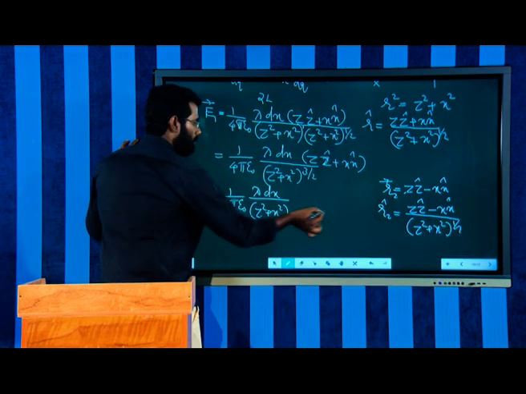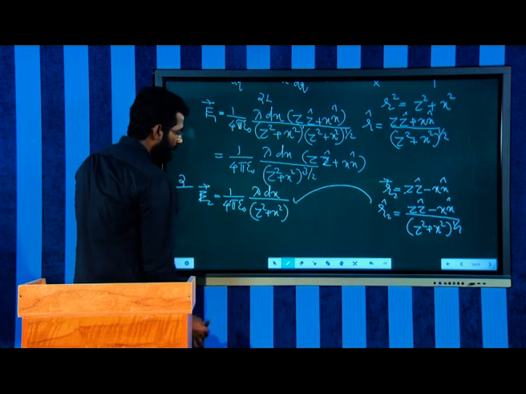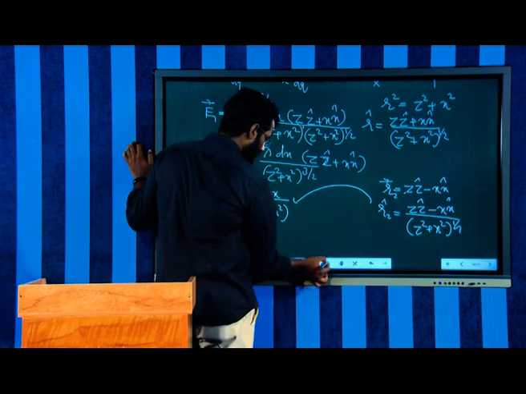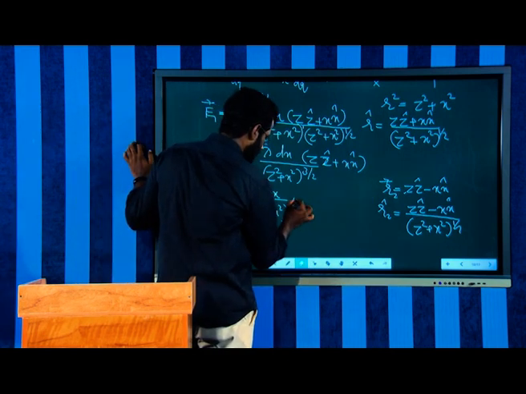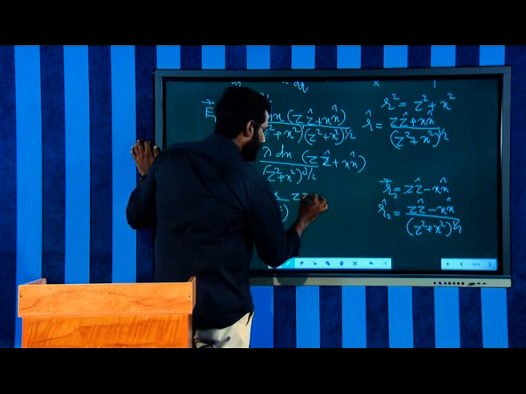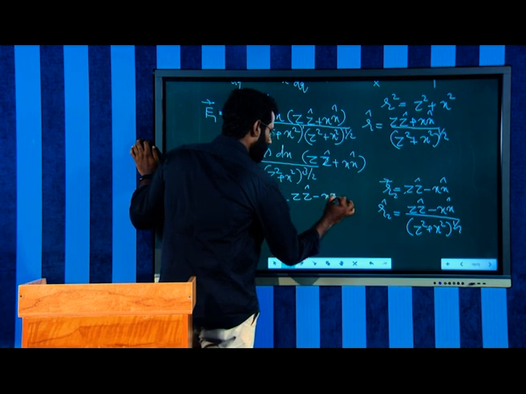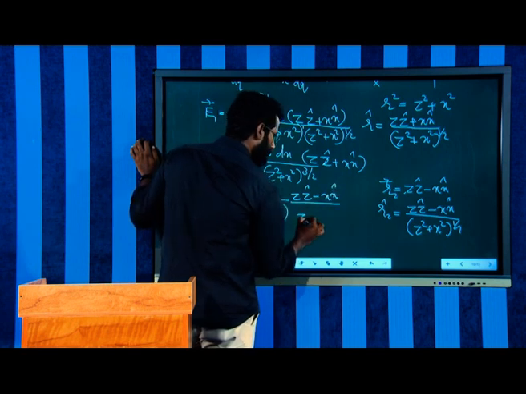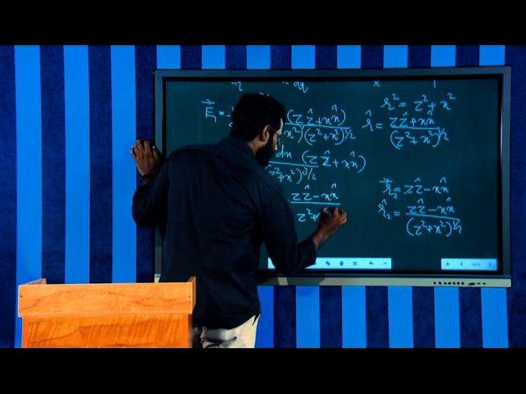Let us substitute that here, we get z cap minus x cap divided by z square plus x square the whole raised to 1 by 2.